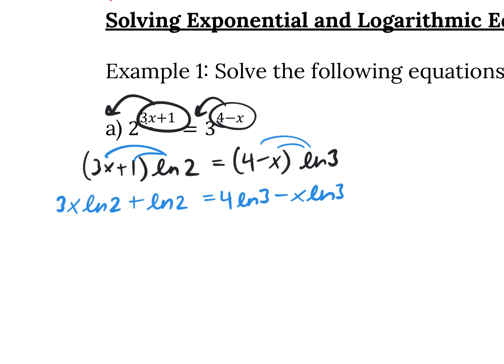Now, can I get all my x's on one side? Yeah. I'm going to add that x from the right side over, and I'm going to move that natural log of 2 over to the right-hand side. But I'm solving for x, so what do I need to do now?